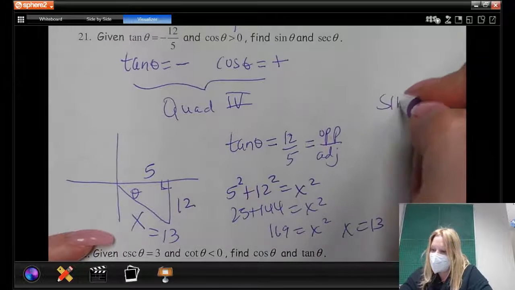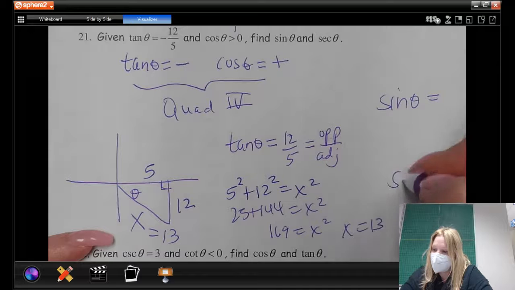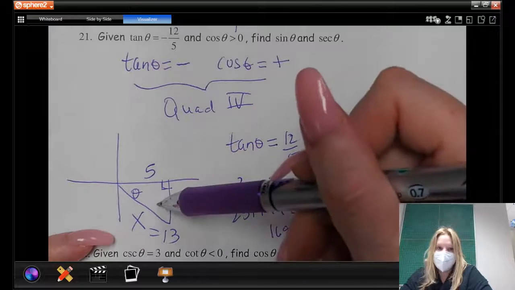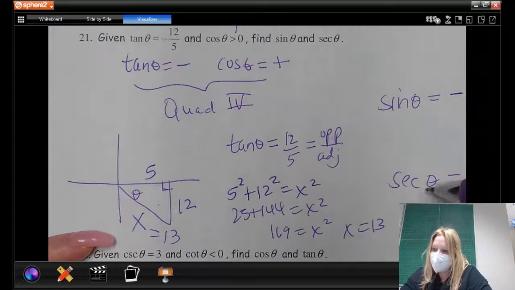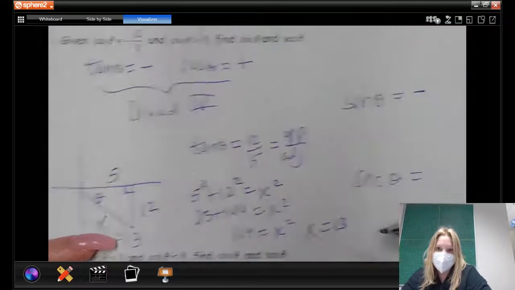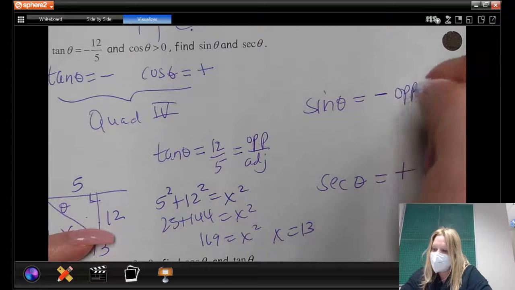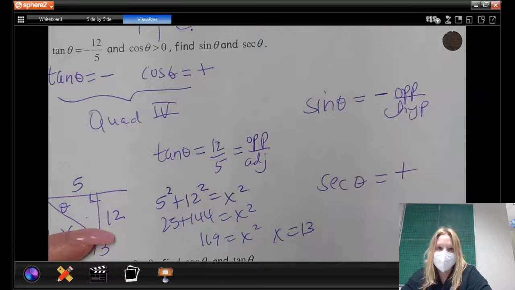So it says find sine theta, find sec theta. Okay, sine, we're in the 4th quadrant, so it's negative. Sec, we're in the 4th quadrant, so it's positive. Sine is opposite over hypotenuse.